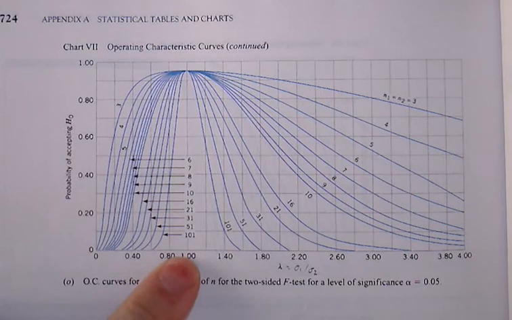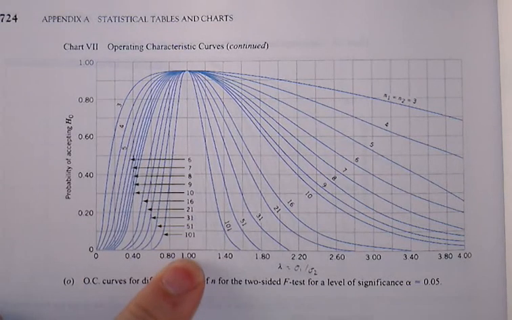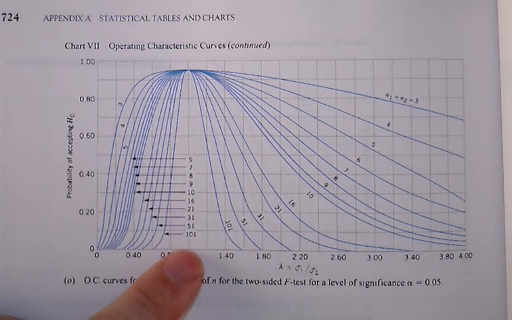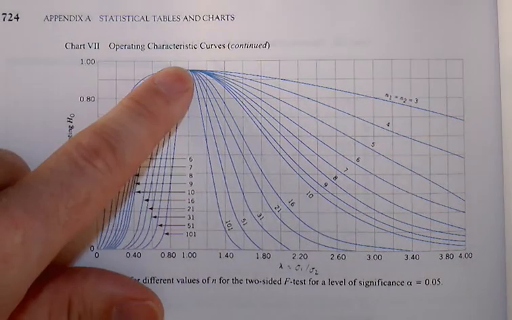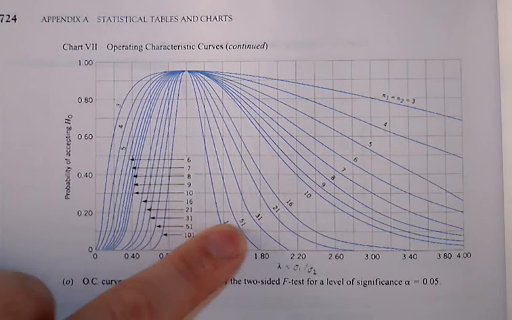And so what we're trying to demonstrate here with the operating characteristic curve is the beta probability that we fail to reject our alternative hypothesis, that we have falsely accepted the null hypothesis that says the two are the same. And so, wow, those all converge to the same point. These are different curves for different sizes of n's.